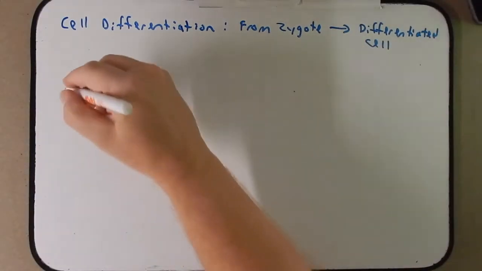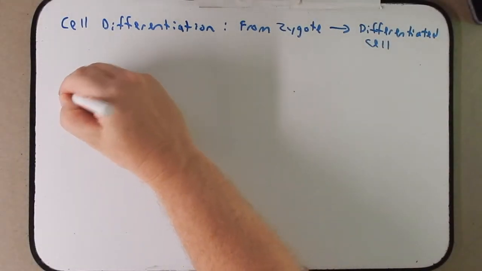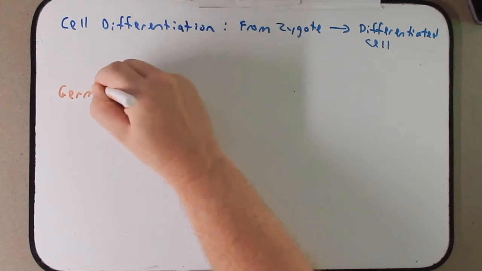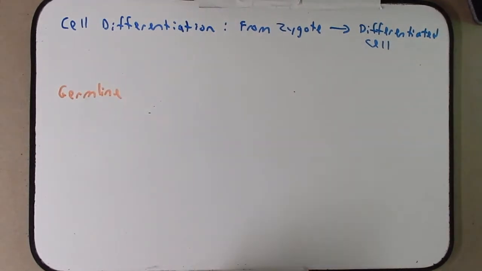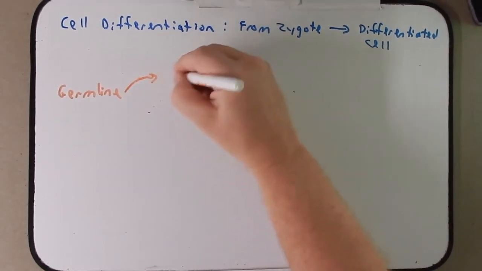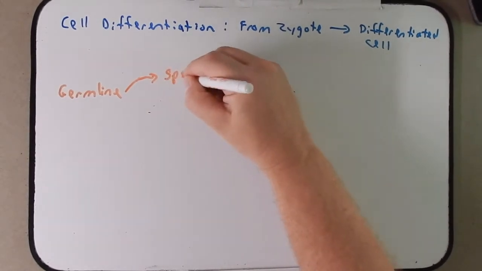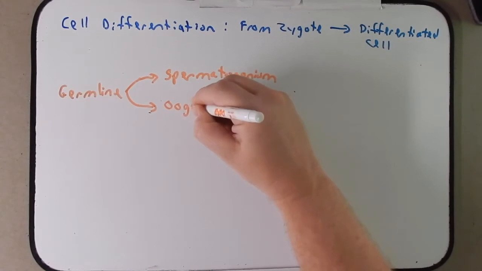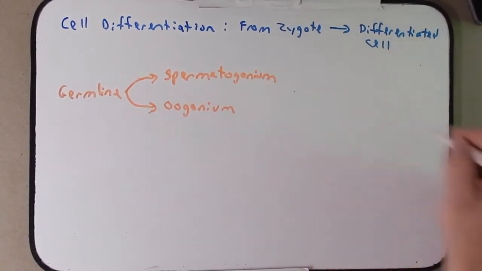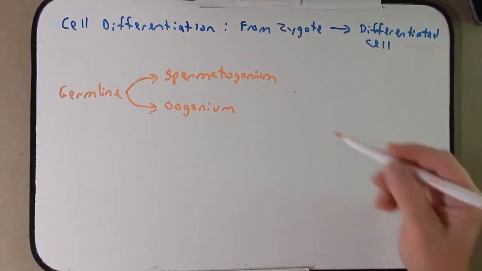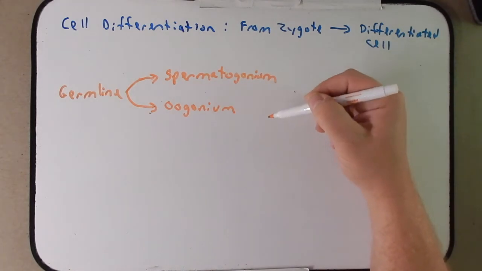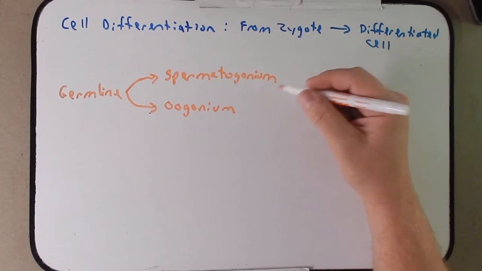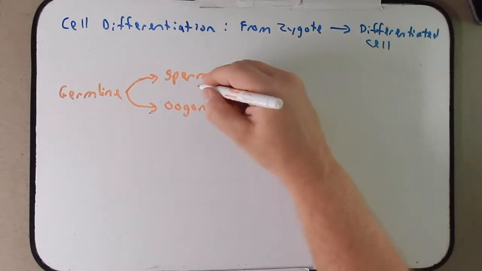If you remember, last time we talked about the germline. We ended talking about the germline, how it was set, and then how that would go on to make spermatogonium or oogonium, depending upon the sex of the individual. And we talked about how the epigenetic programming was reset in these cells so that it would be properly imprinted.